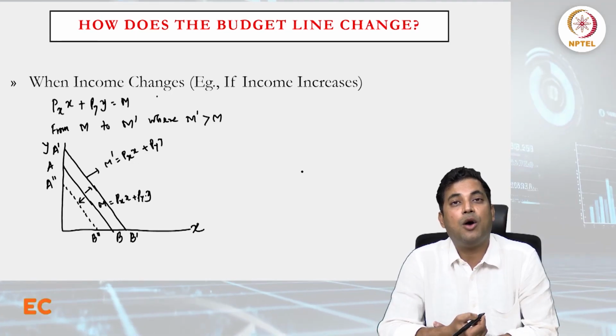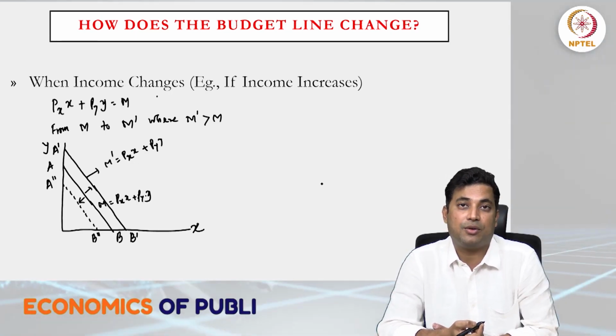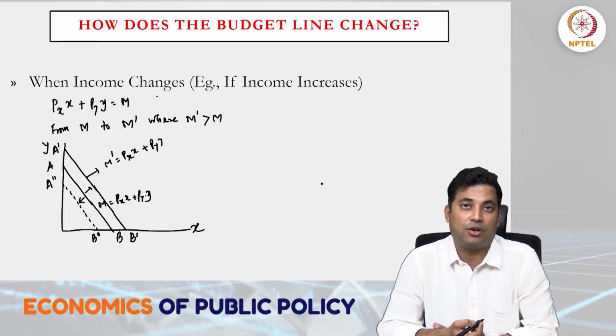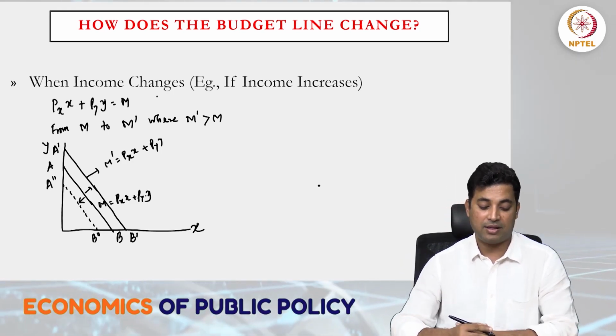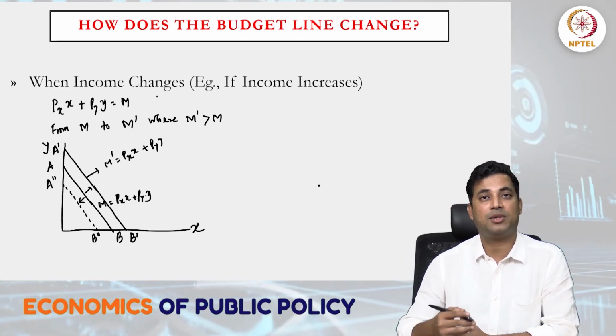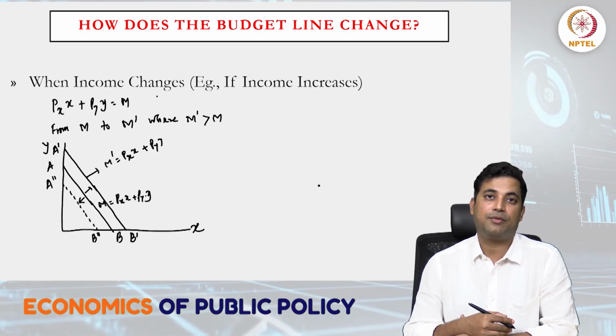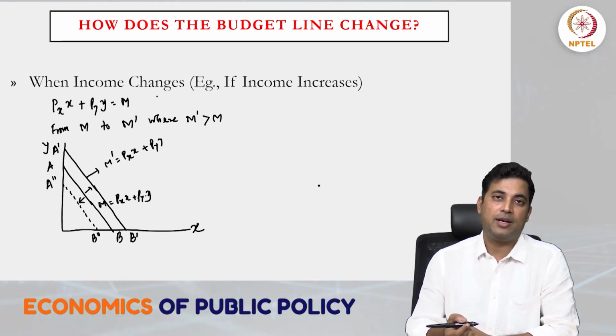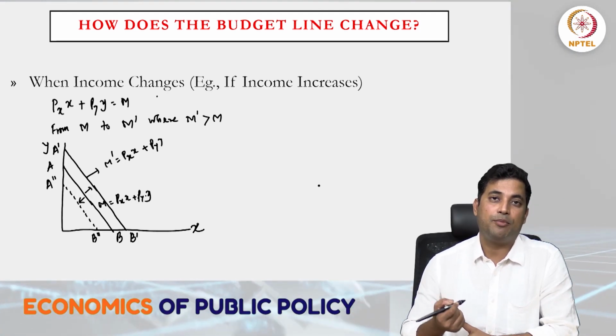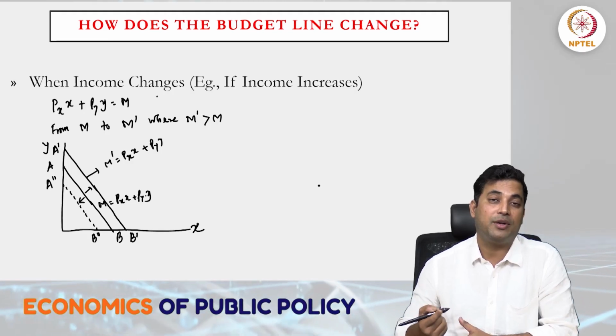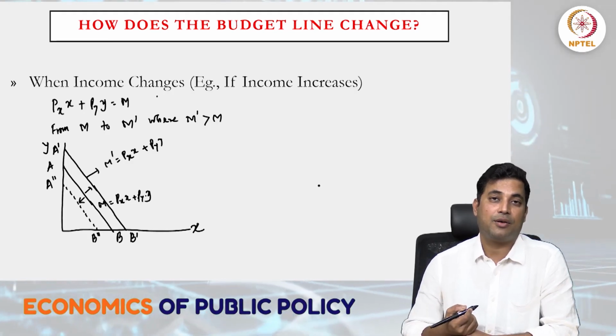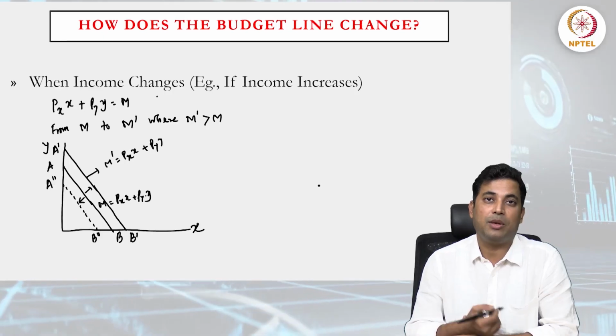So therefore, if output increases, then budget for those commodities also will be increased, and therefore budget line also will shift upward in case of expansion of the output. If output decreases, then budget for certain commodities also will be decreased.